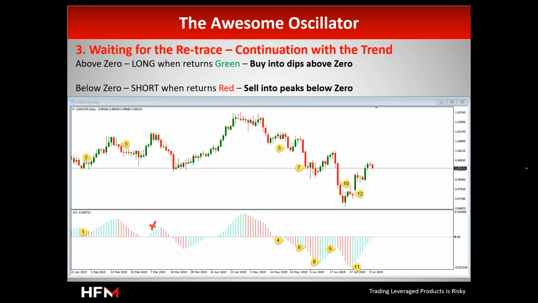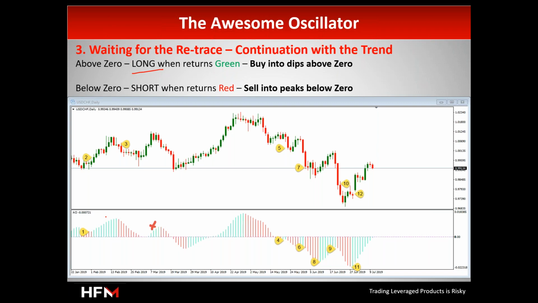Waiting for the retrace, what we mean is, if you have spotted that the Awesome Oscillator is above 0, remember that above 0 implies a bullish bias. Once it's above 0 and you are seeing consecutive green bars, that means a long position, because it means that the bullish momentum is increasing and increasing and increasing, right?